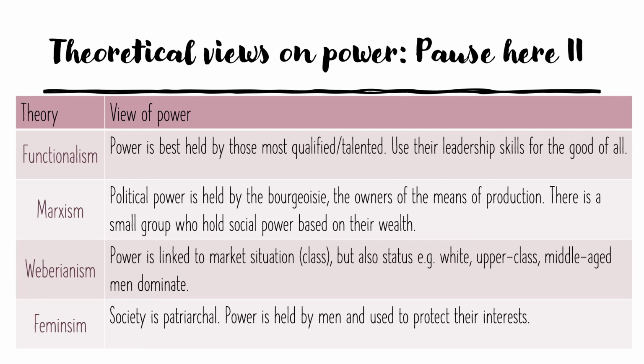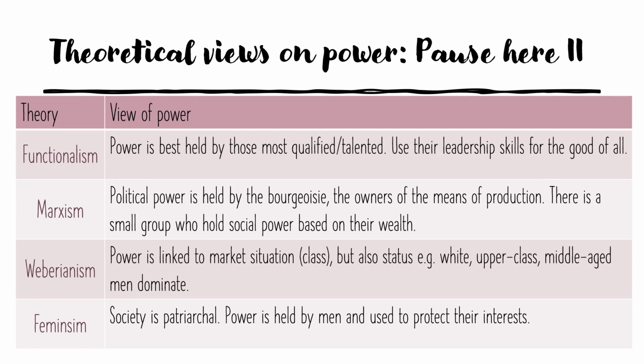Weber, so again, it repeats his theory. Power is linked to your market situation, so your social class, but that's not the whole picture. So remember, he said that social stratification is based on more than just money, it's also your status. So he would look at all the different groups within society and say which ones tend to have the most power.